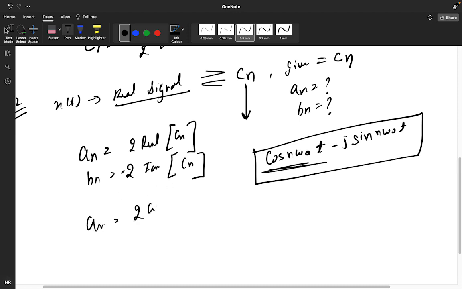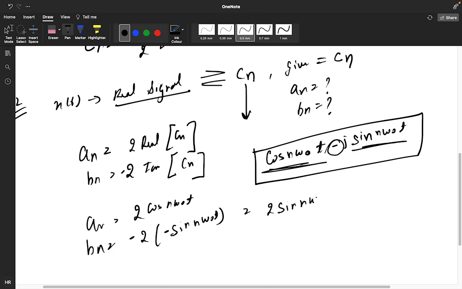So real part is cos n omega naught t. And bn will be minus 2 times the imaginary part. So imaginary part is this, negative is also coming. So minus 2 minus sine n omega naught t. So you will get 2 sine n omega naught t. So like that we do.